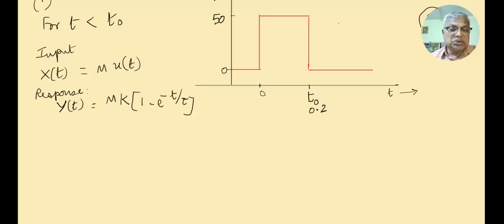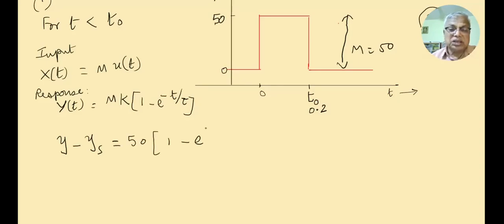So if you substitute and simplify this, capital Y means y minus ys, m is 50, k is 1, to 1 minus e power minus t, tau is 0.2, or y equal to, ys is how much?